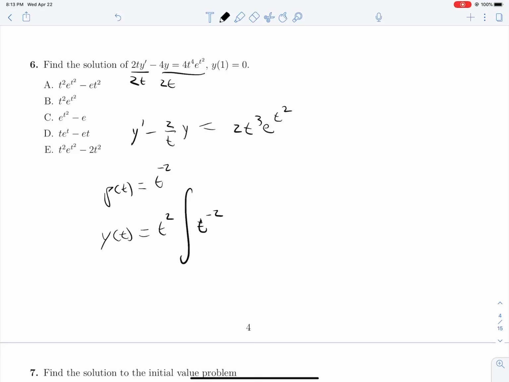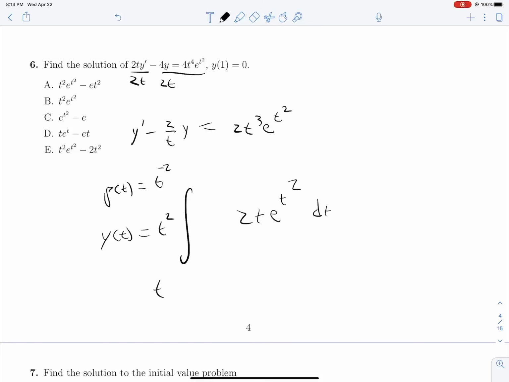And that gives us 2t cubed e to the t squared dt. Combining some like terms here, we're left with 2t, so we can do a u substitution, and I won't even bother writing it out because this is just about the most textbook u substitution case in the world.